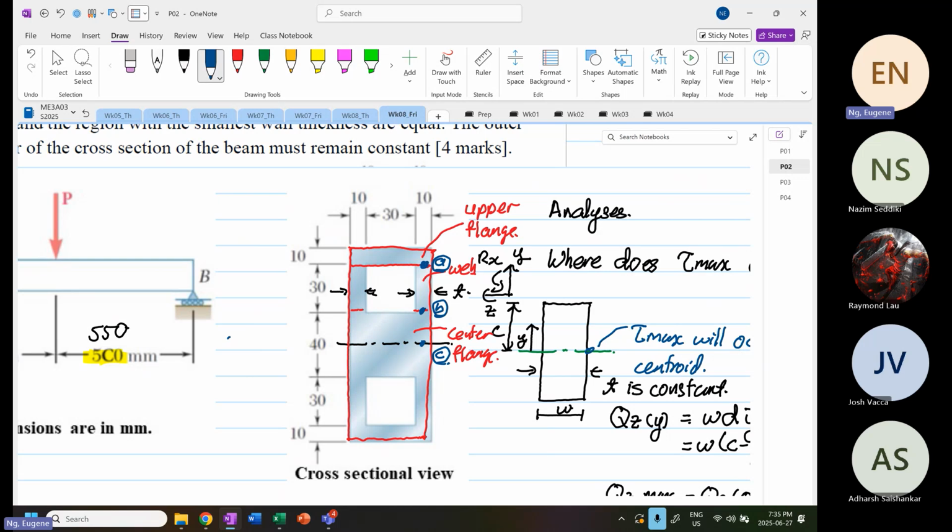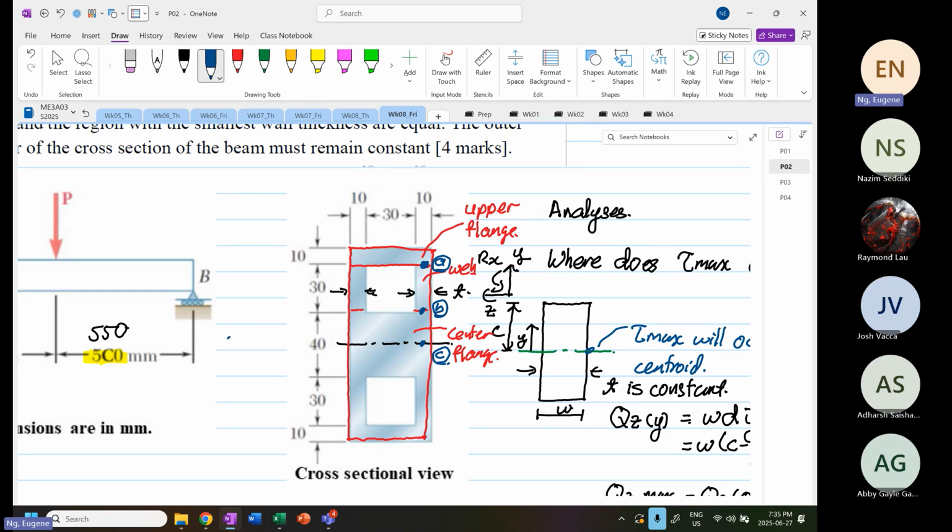Because I'm going to maximize my first moment of area relative to the thickness. You can see when I pick point A and point B, I don't pick somewhere in between, because at a constant thickness, in the web region, the maximum first moment of area is at point B.